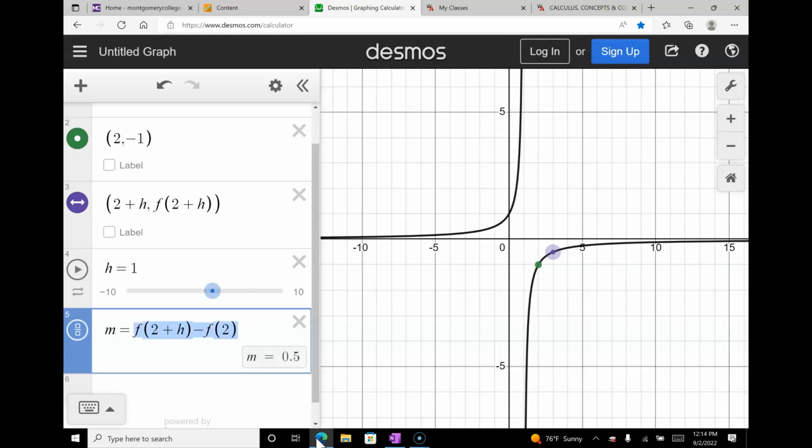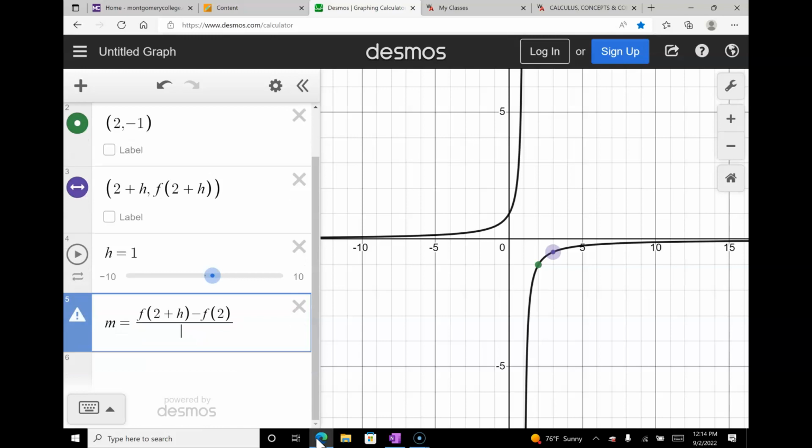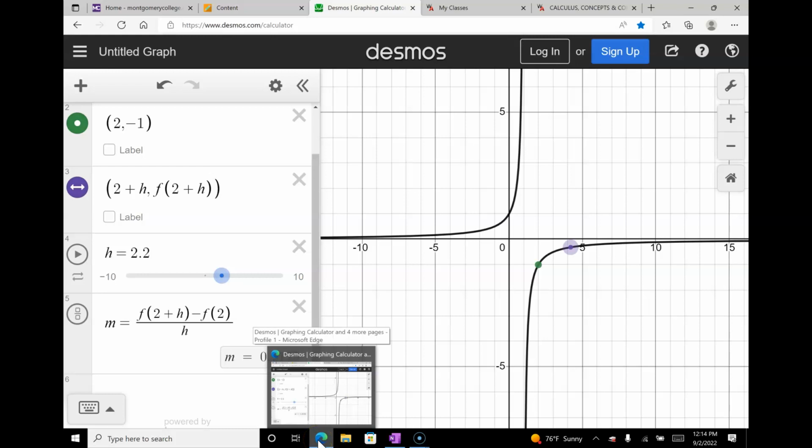All divided by h. So take a look at the textbook here for me. I already closed it, I'm sorry. But I'm going to read it to you. It wants me to figure out the slope of the tangent line, right, for certain values of x.